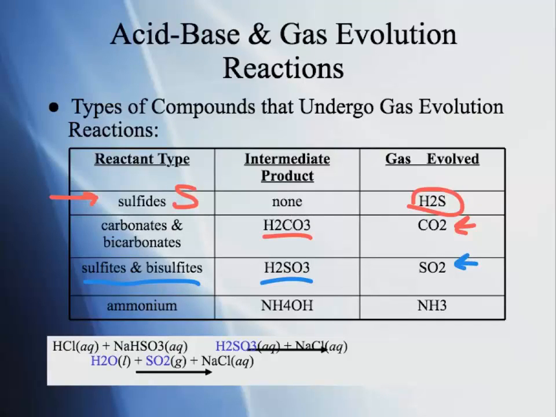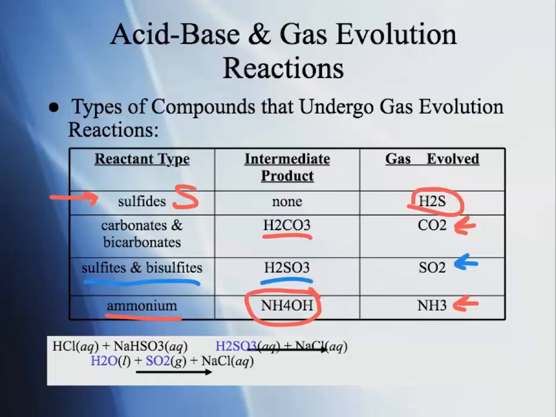Okay, and then last but not least, ammonium. All right, which isn't one we usually see. Ammonium is usually going to have an intermediate of ammonium hydroxide, which is going to fall apart and basically form water and the ammonia gas, NH3.